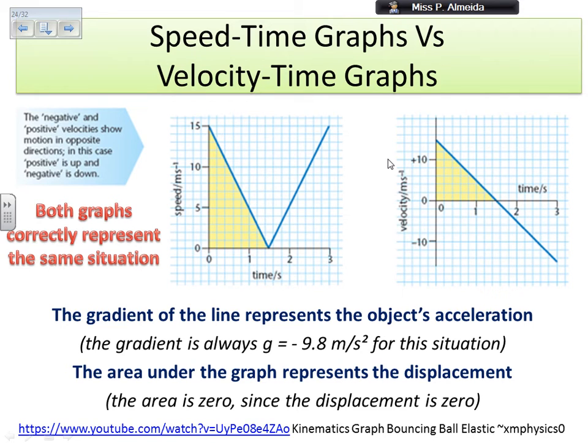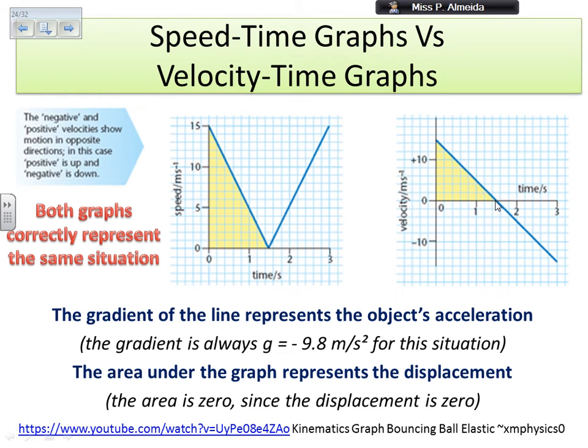Now my velocity, which is a vector, is going to have a positive velocity and then a negative velocity because I am going to change direction. So my velocity-time graph is going to be a straight line. Again, I start from 15, and within the same time I go from 15 to 0 meters per second. After, because I'm at 0 meters per second, I'm going to go back, okay?